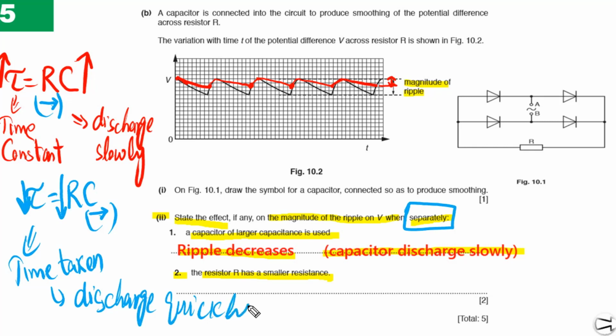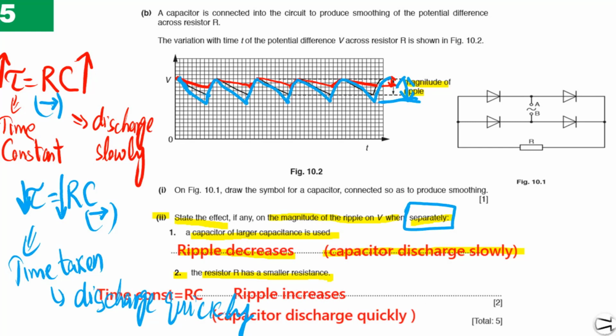Discharging quickly means that the potential difference across the capacitor will go even lower than this value. We can sketch something like this. So the ripples increase, because the capacitor discharges quickly. Here is our answer.